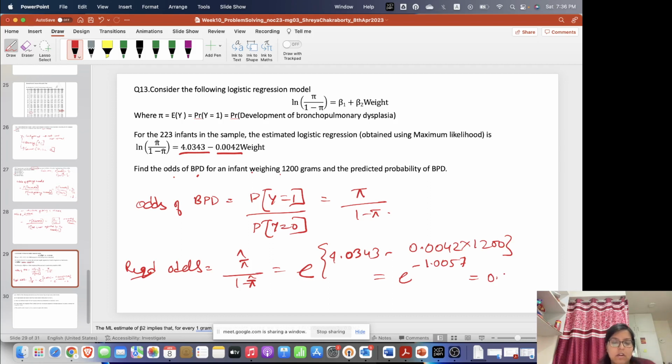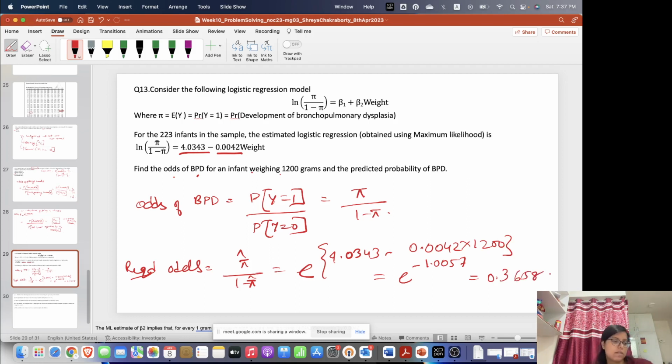It is minus, not plus. Minus 0.0057. No, no, no. This is e to the power minus 1.0057, which is 0.3658.